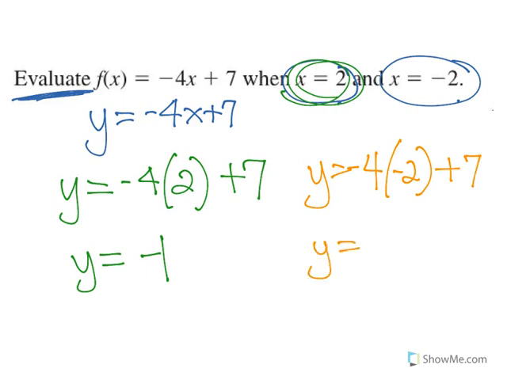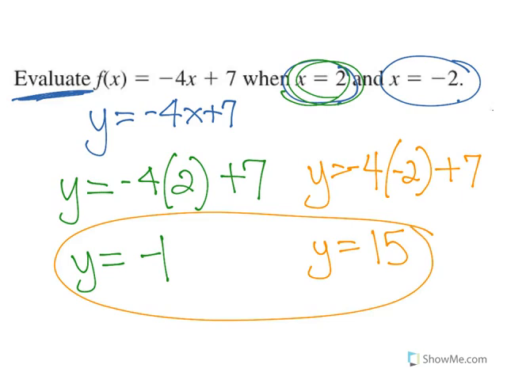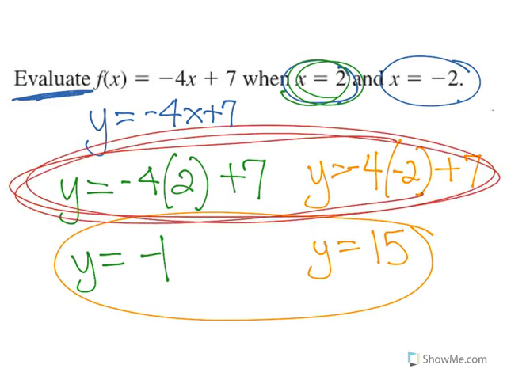Negative 4 times negative 2 is positive 8 plus 7, which I believe is 15. So those are your two answers. On your assignment, I absolutely must see that step.